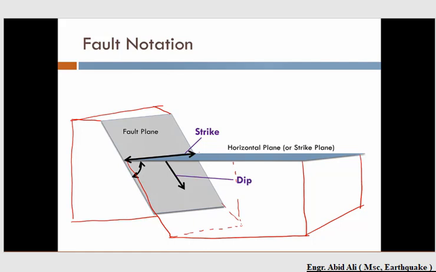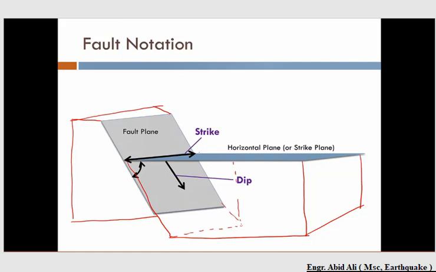Now the strike is the orientation of the intersection of the two blocks of the earth. You can see in this instance this first block intersects the second block, and if we draw a line along that intersection, the orientation of the line, usually given as an azimuth, is what we call the strike.